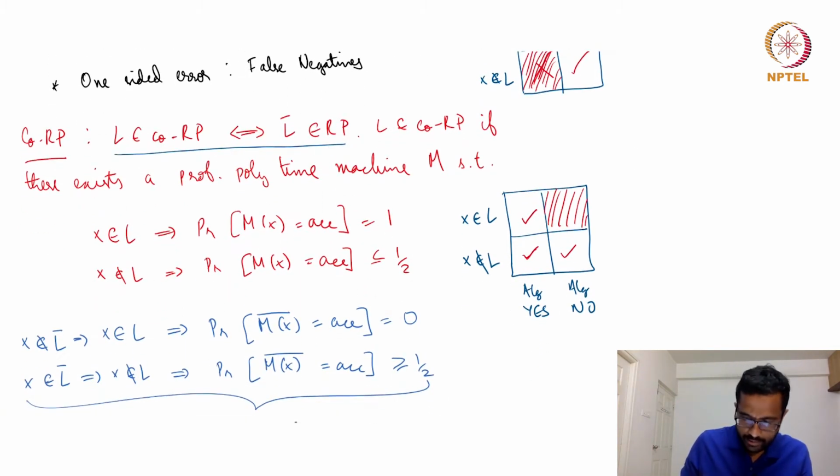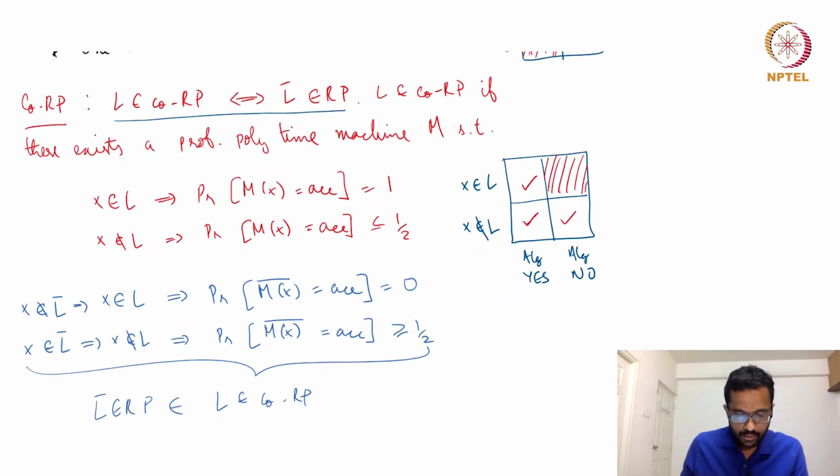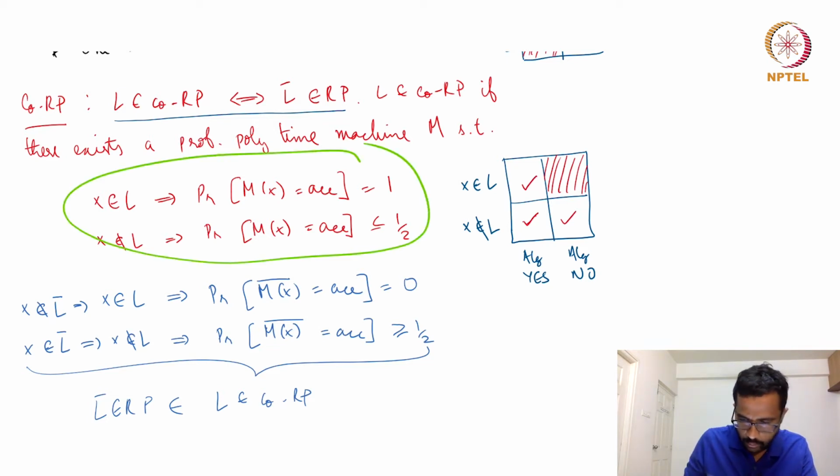Let us see why this definition is the same as the previous definition. Consider an L which has this description, the one for the co-RP machine, and we will show why the complement of that language L has to be in RP.